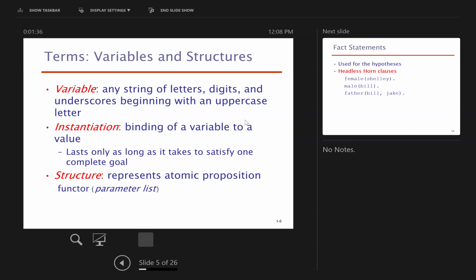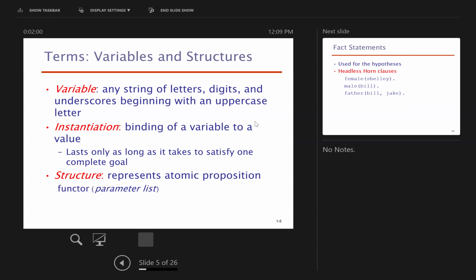It represents an atomic proposition, a fact, which will be the parameter list. I'll say a variable is the same as any variable, but the instantiation is a little bit different. When we say instantiation in logic programming, again, it's binding a variable to a value.